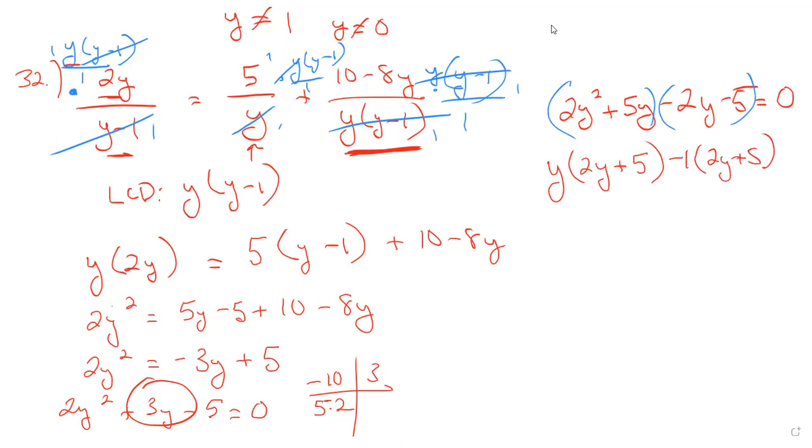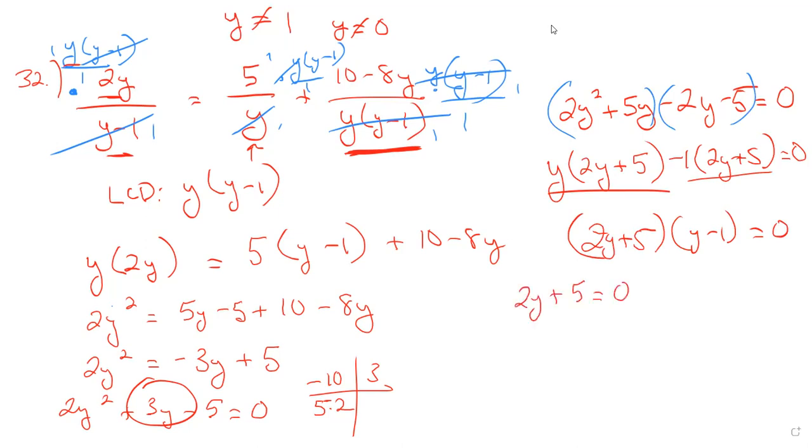Oops, sign changes. Oh, these two match, so I'm going to factor out a 2y plus 5 times y minus 1 equals 0. We have done all of this work just to get it equal to 0 and get it to be a multiplication problem. Once those two conditions are met, you can break it apart and set each part equal to 0.